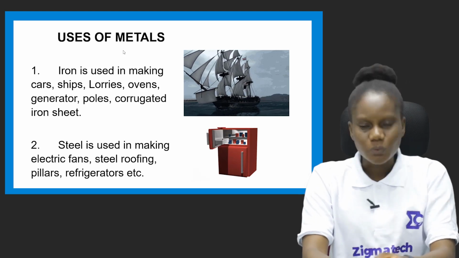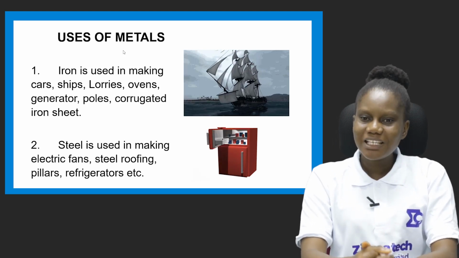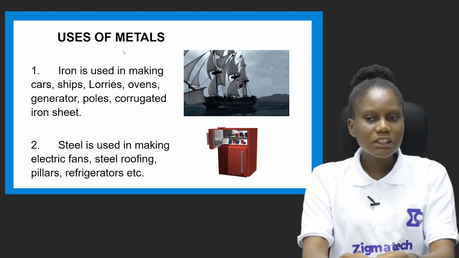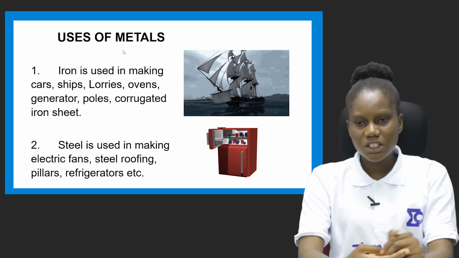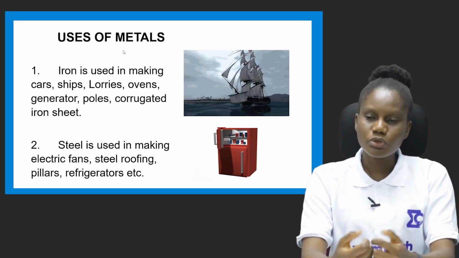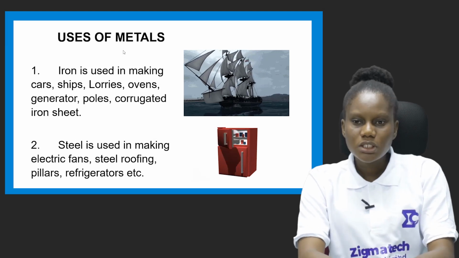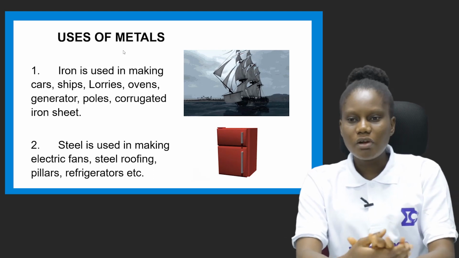Number 2 is steel. Steel is used in making electric fans, steel roofing, pillars, and refrigerators. When you have your steel metal, you can produce an electric fan from it, you can make steel roofing from it, you can make pillars and refrigerators.